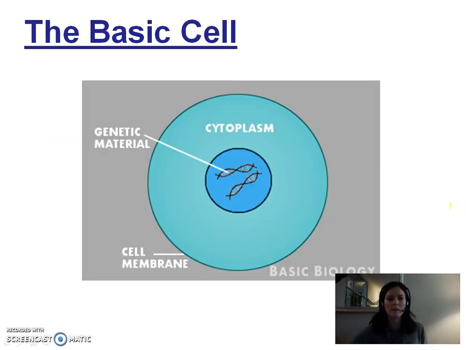The basic cell structure you may be familiar with is in this diagram. This outer membrane that creates the border of the cell is called the cell membrane or the plasma membrane. Do you remember which of the four major compounds created the plasma membrane? Those were the phospholipids, which were in the category of lipids, which are fats in our body.